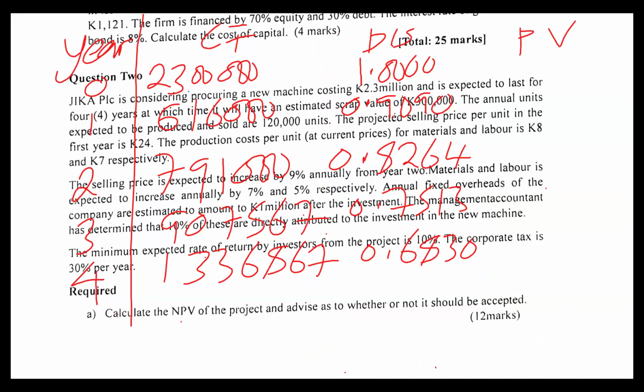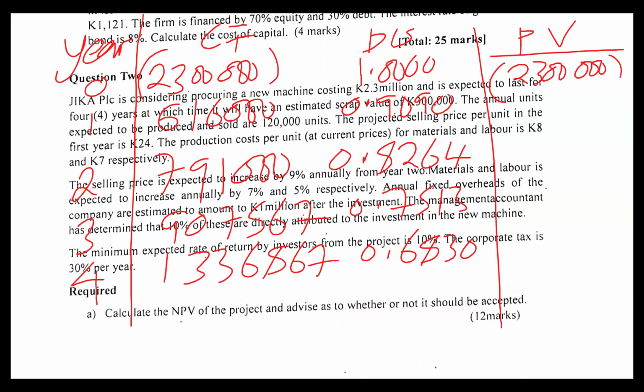And now to find the present values, you just multiply the cash flow times, remember the first year zero is the negative cash outflow, and it is times 1, so it will be the same. 2,300,000, like that. What about first year?